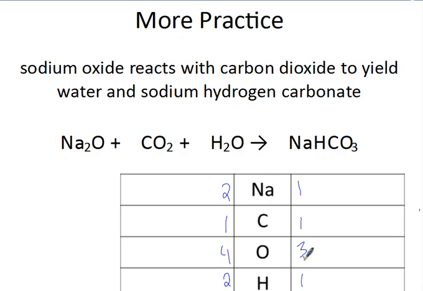Now remember, let's start with our metals first. So let's look at the sodium. If I put a 2 here, okay, I can balance out my sodium, but it also changes. It gives me 2 carbons, it gives me 2 hydrogens, and it gives me 6 oxygens.